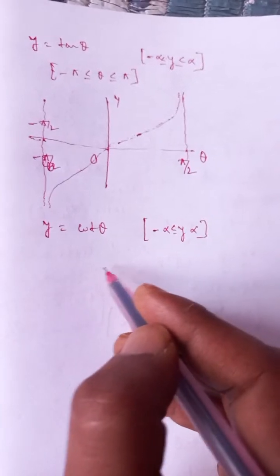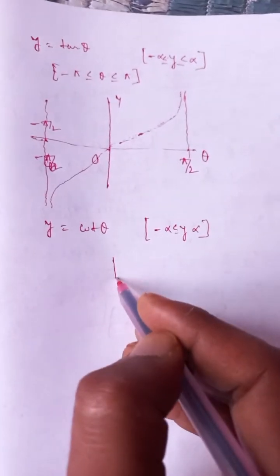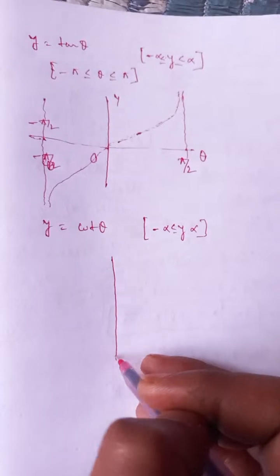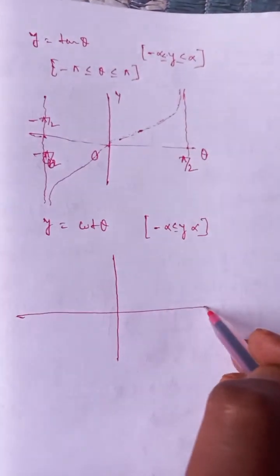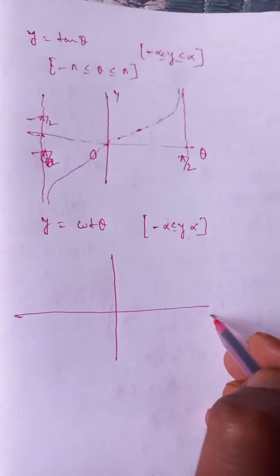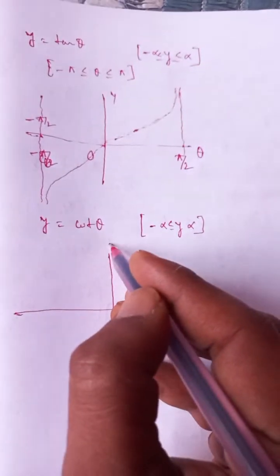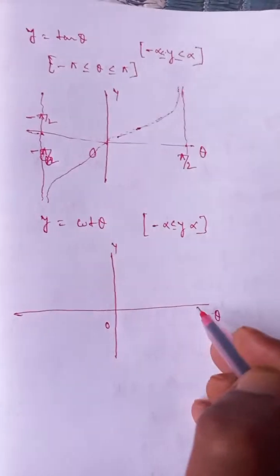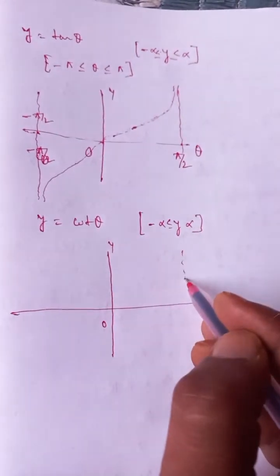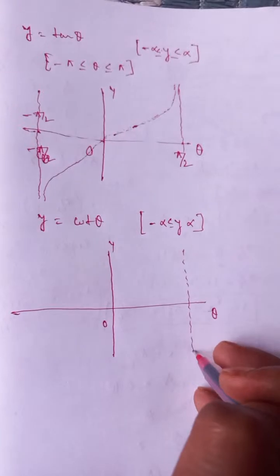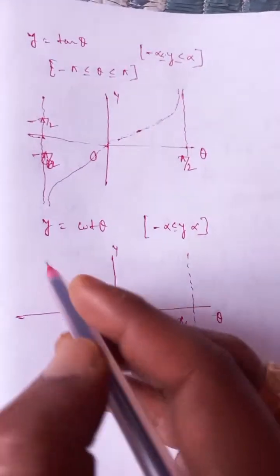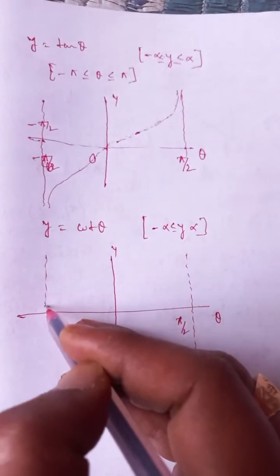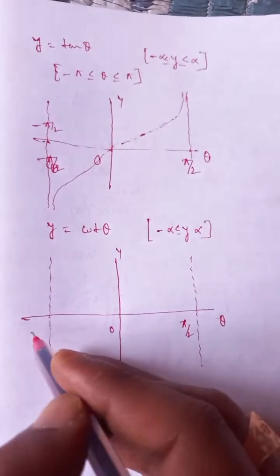So here the diagram will be: this is theta, this is the y-axis, origin. This is pi, theta is equal to pi by 2, and here it is minus pi by 2.